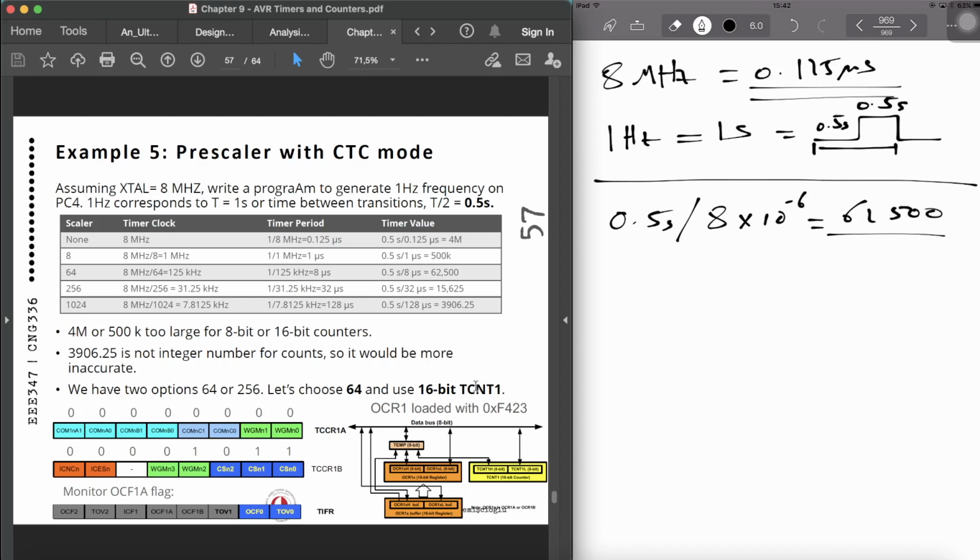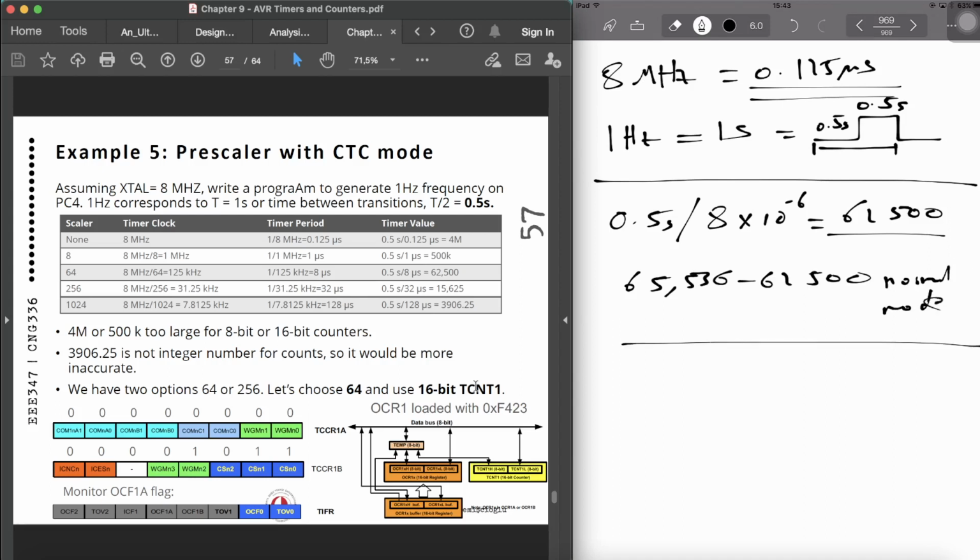Now, if you are using timer overflow normal mode, that means we need to load 65,536 minus 62,500.